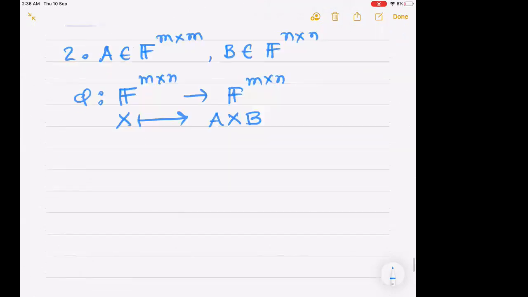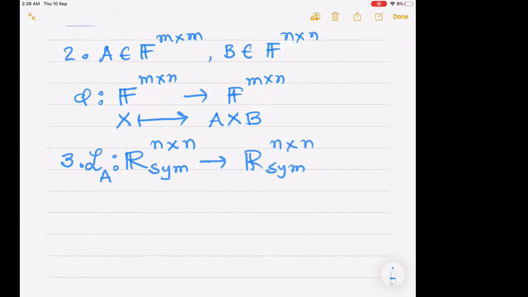Further, let us define our symmetric matrices of size n cross n. There is this famous map called the Lyapunov map from symmetric matrices to symmetric matrices of size n cross n, where A is some given matrix.